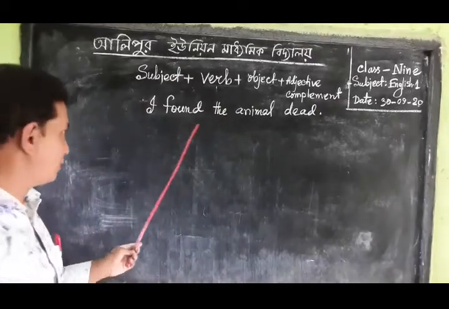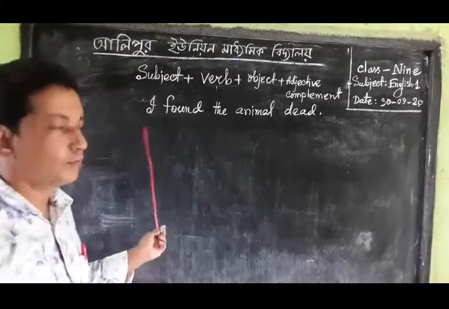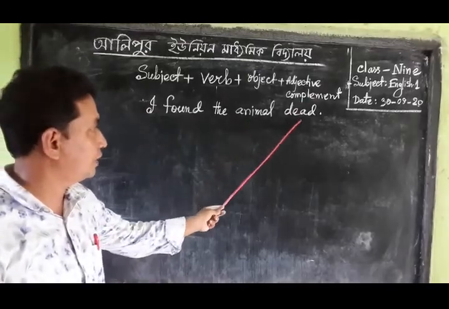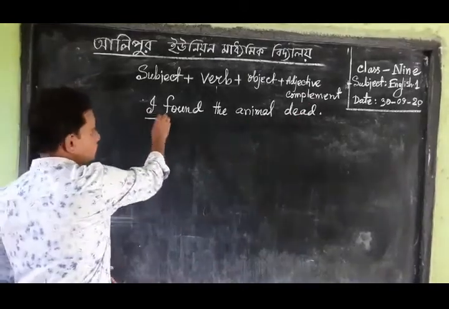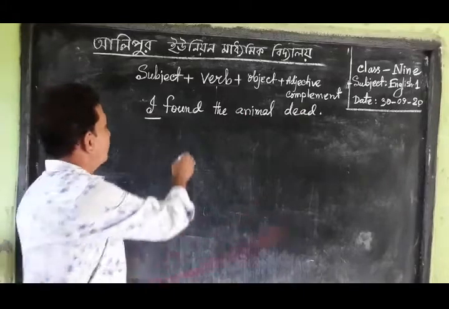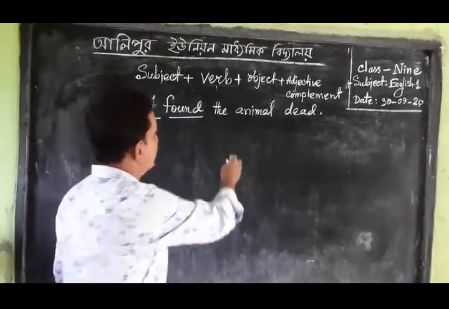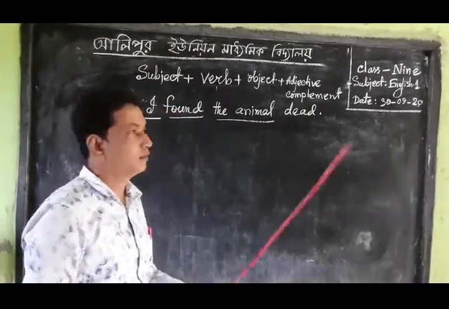Let's have an example on the blackboard. I found the animal dead. I here is a subject. Found is a verb. The animal is an object.